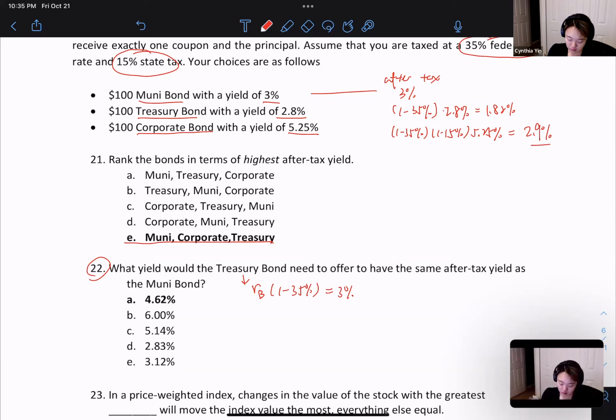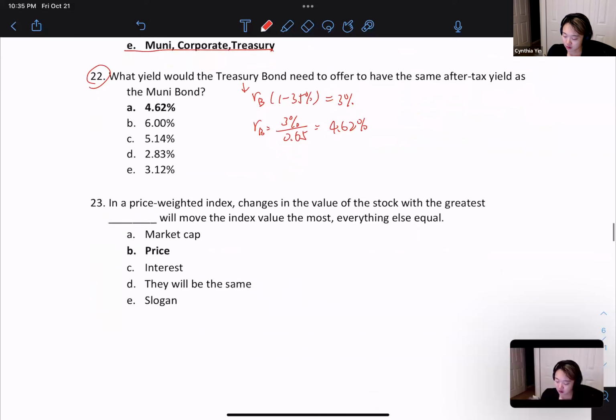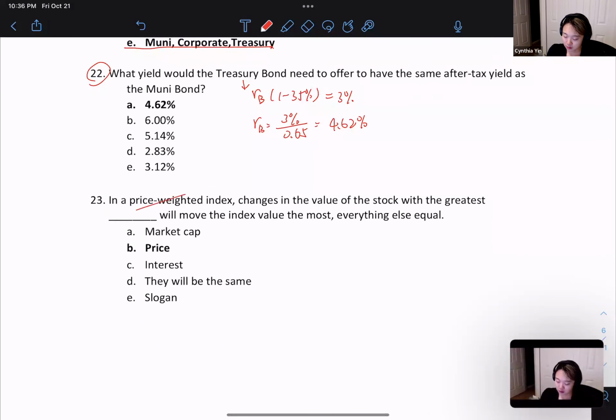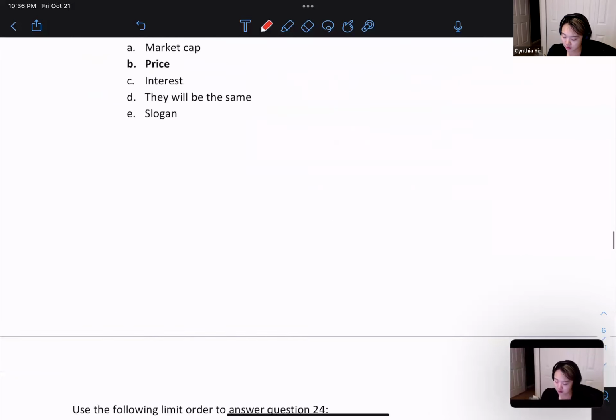Then RB equals 3% divided by 0.65. It's going to be 4.622%. Very simple. And we will now test you about price weighting, so I'm going to skip this one.